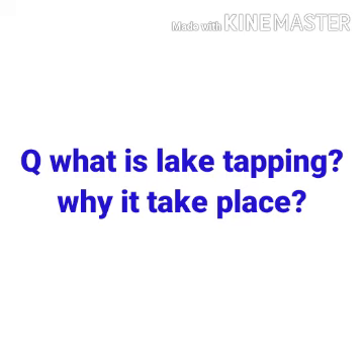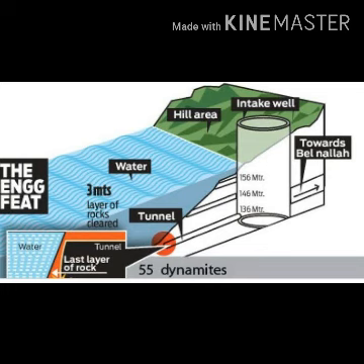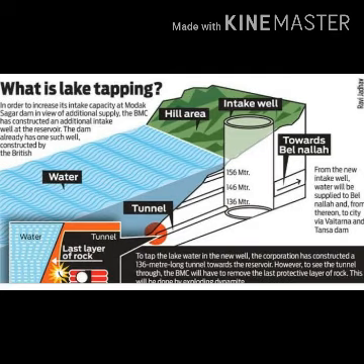What is lake tapping? Why does it take place? Lake tapping involves excavating, that is, making a hole or channel, a tunnel at the bottom of the lake. Dynamites are planted therein and blasted carefully. The water flows with greater force through the tunnel after such blasting is done.